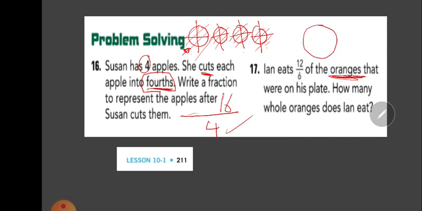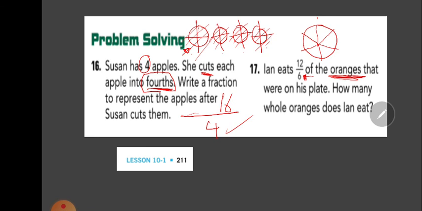How will I know how many parts I cut my whole? From my denominator. Excellent. How many parts did I cut one whole? 6. So I will chop into 3, and then this. There are 6 parts.